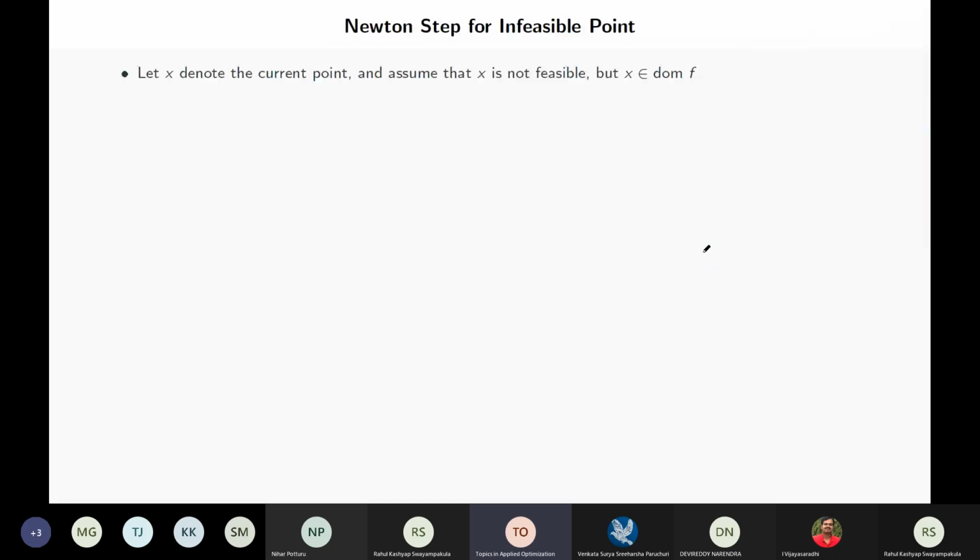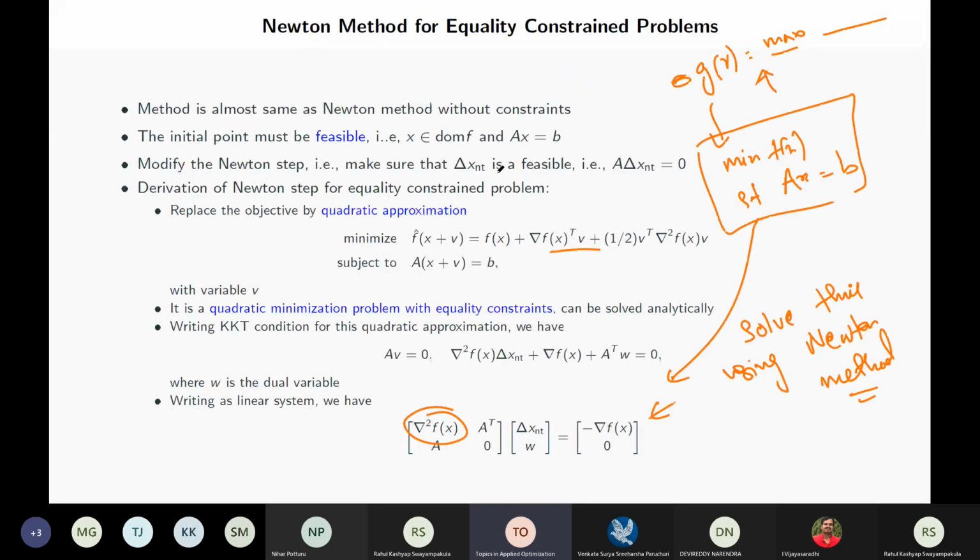Here I have assumed something; this was an assumption that we had made. If you are going via this route, then you must assume, because this is an iterative method, that you will have first delta x nt, and then second delta x nt and so on. You have to make sure that the direction you are choosing is a feasible direction, that is, it satisfies this.